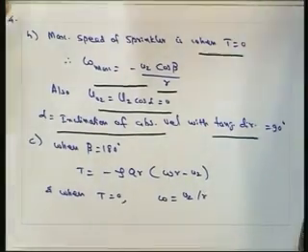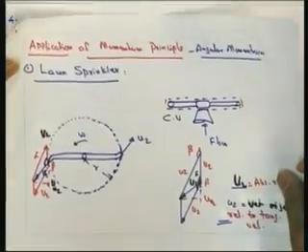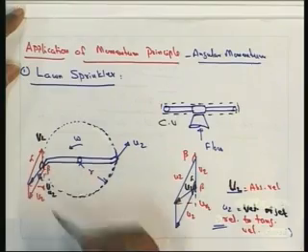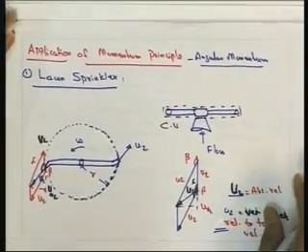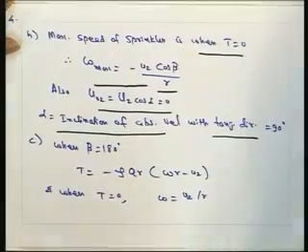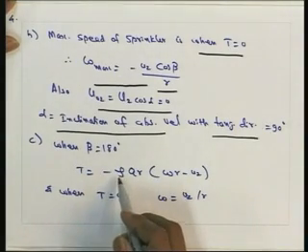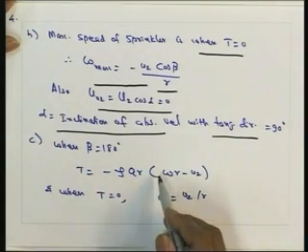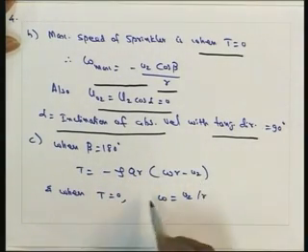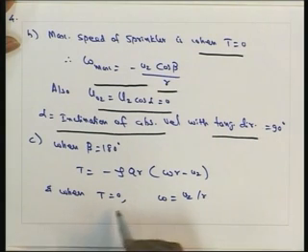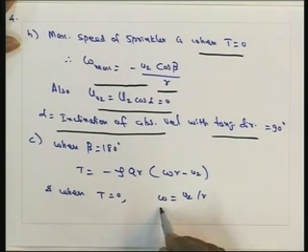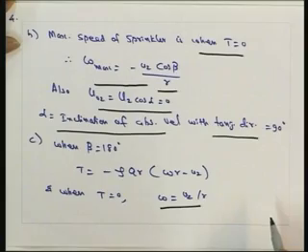And now with respect to the earlier figure, when this angle beta is equal to 180 degrees, we can write T is equal to minus rho Q R into (omega R minus U2), and when T is equal to 0, we get omega is equal to V2 by R.